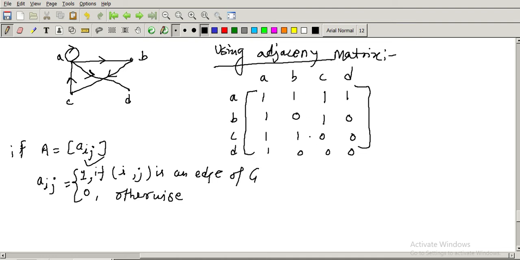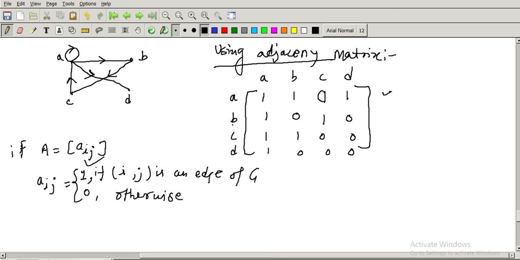That matrix will be changed now because A to A, yes, it is going from A and terminates at A only. So A to A, yes, 1. A to B, yes. A to C is not, because it is C to A, so A to C will be 0. And then we have A to D, yes. So it's correct for A.